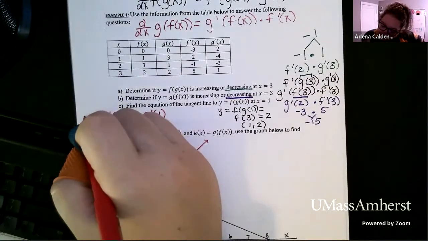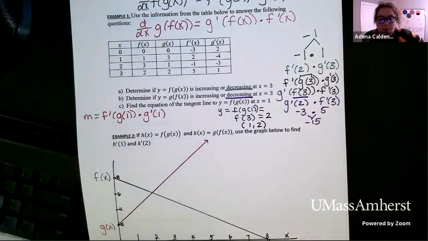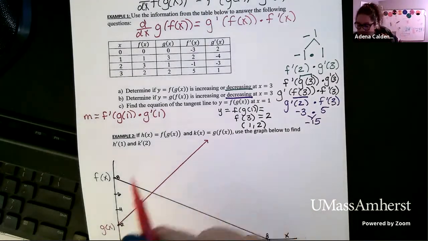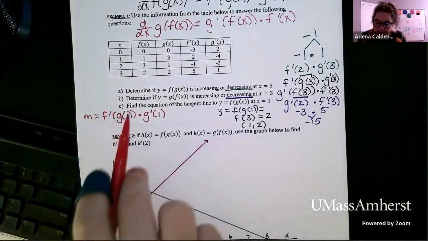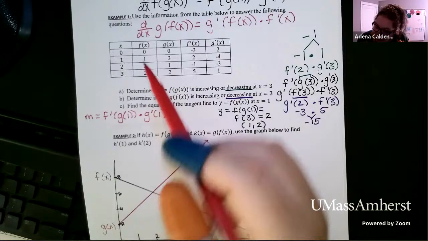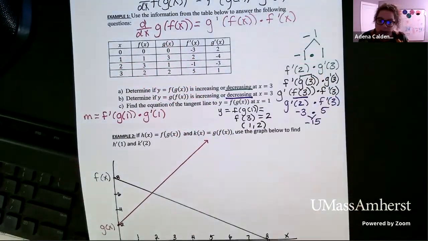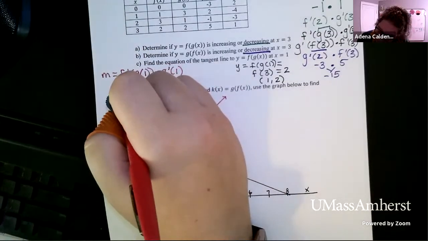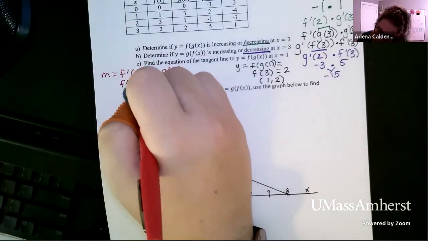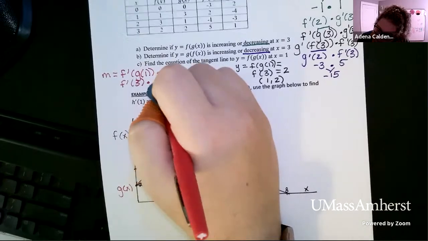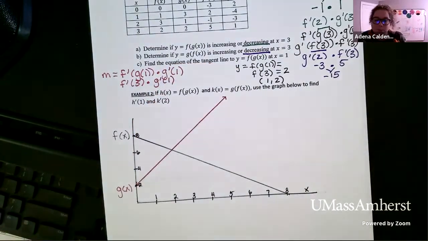But now I need to figure out what this value is. So again, I start with g of 1 because this is still a bigger composite function. So g of 1, I go to the g function, I go to 1, and I get a value of 3. So I'm looking for f prime of 3 times g prime of 1.